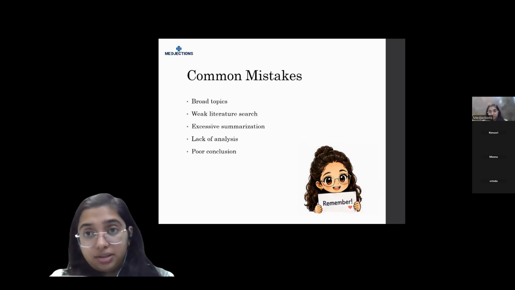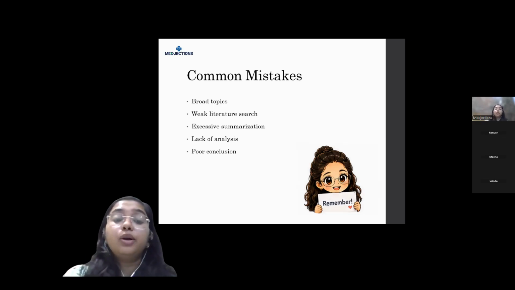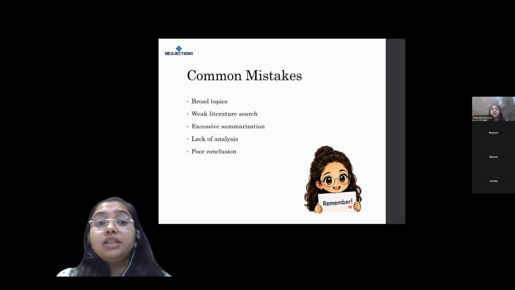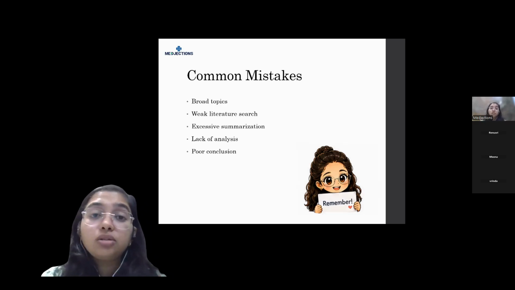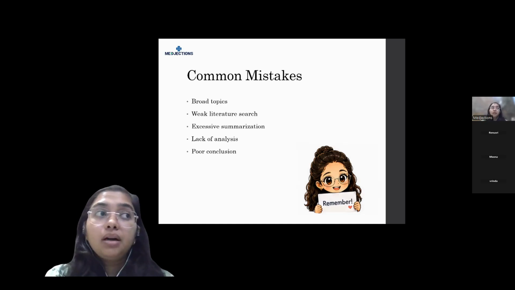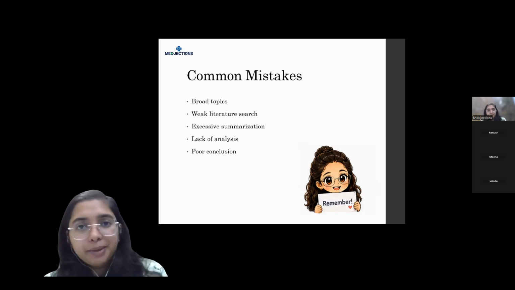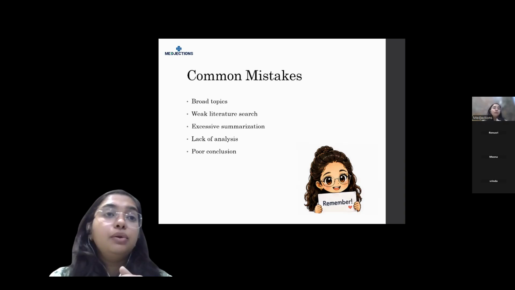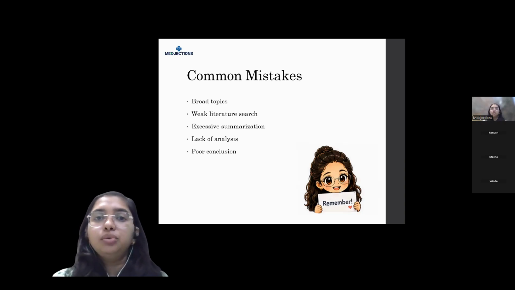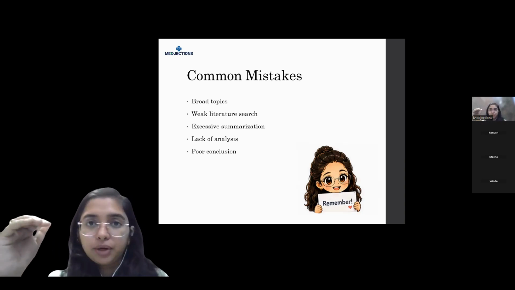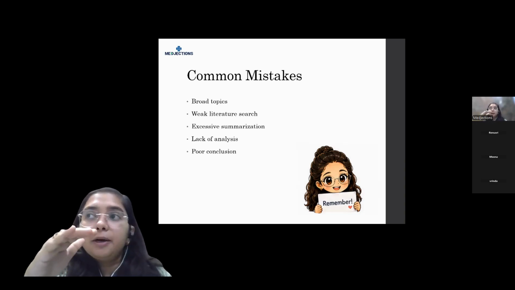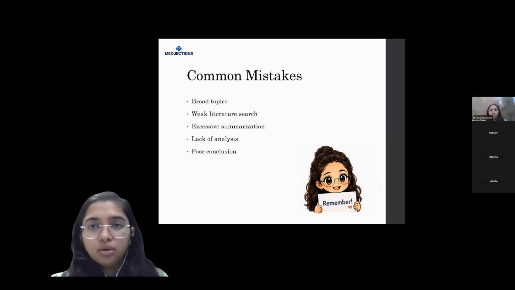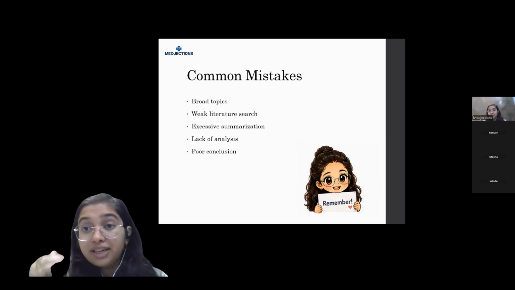The weak literature search is one of the issues, and this could be a mistake and also a limitation, because if there is a new paper, you won't get much data, right? You won't get many references. So what you do is take a paper that is published, read that paper, and then go to the references.